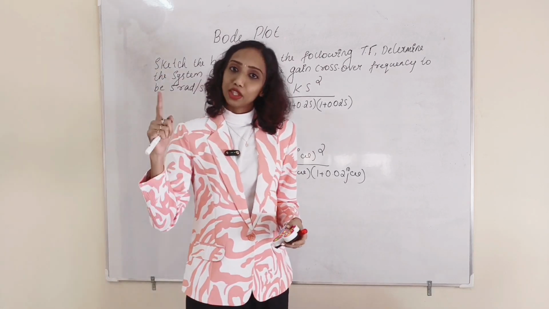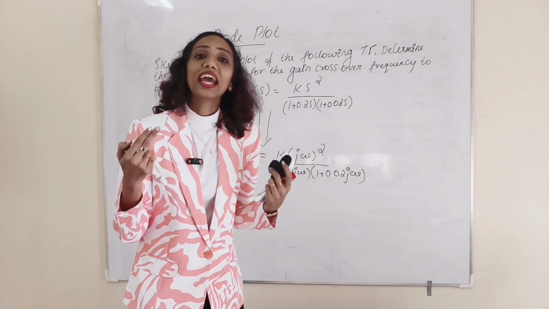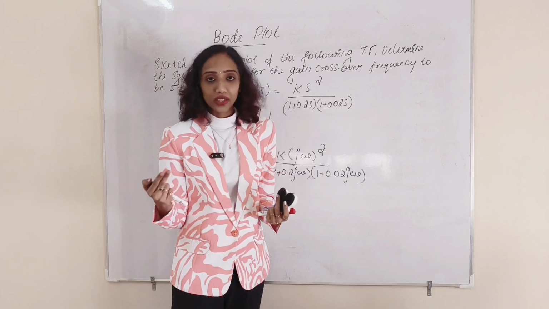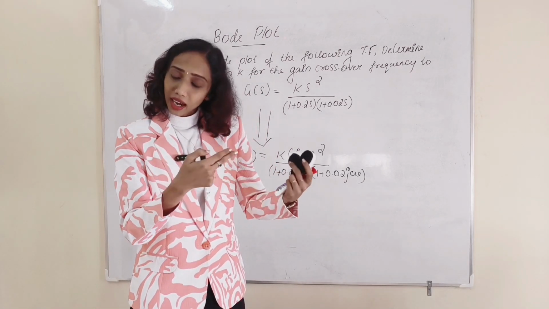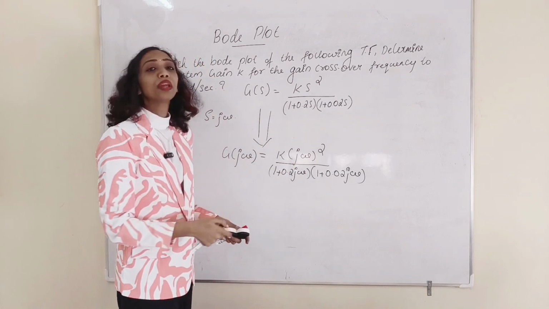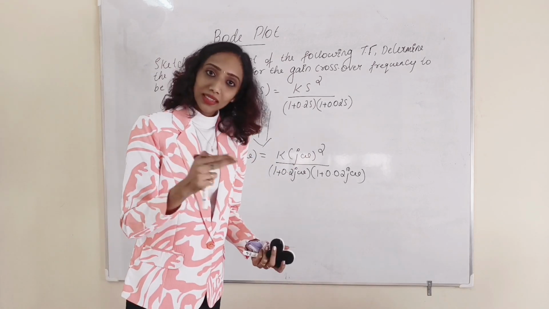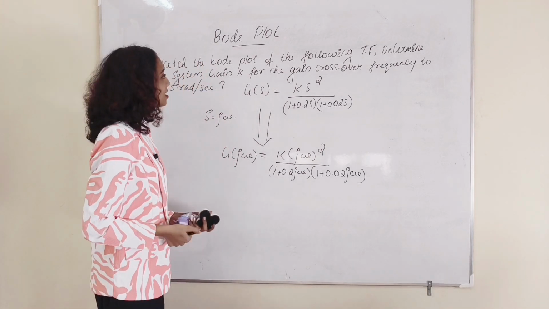That is the magnitude plot. Then in the case of phase plot, phase means what? An angle or an inclination is phase, right? So in the case of phase plot, we have to find the angles regarding this system and then plot the phase angle versus log omega. Okay?